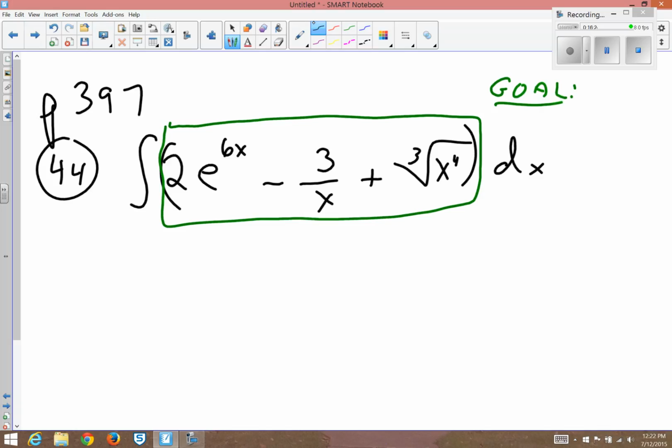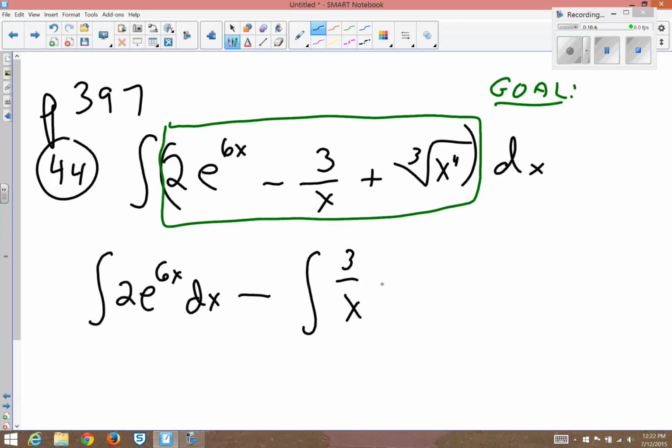So first thing is there's three terms. The integrand has three terms, so we can distribute and write three separate integrals. We can write the integral of the first term, and we also distribute the dx, minus the integral of the second term, dx, plus the integral of the third term.